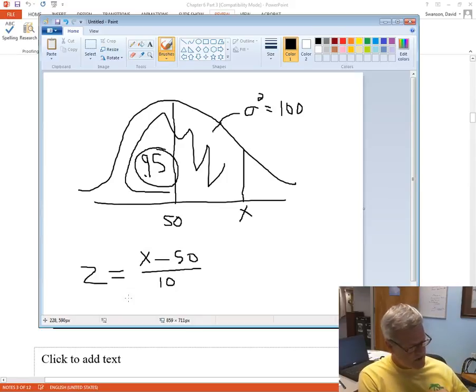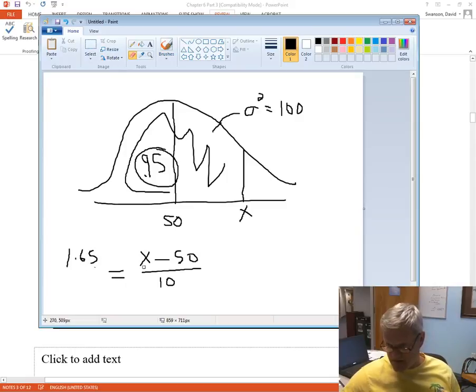Go to the table and we look up a z value equal to 0.95, and we get that z is equal to 1.65.